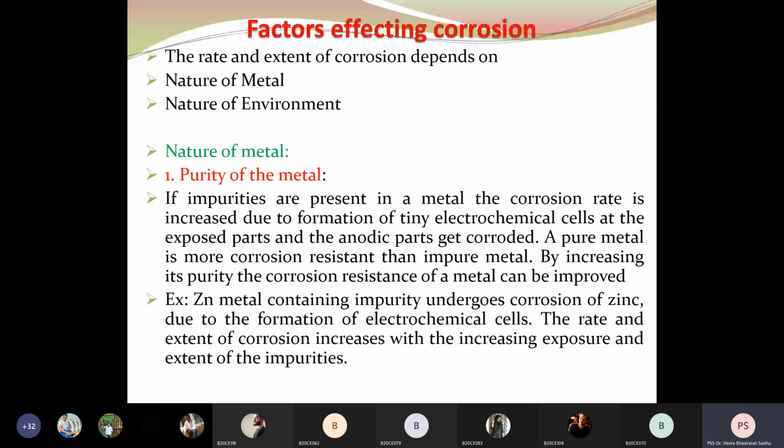For example, zinc metal containing impurities undergoes corrosion due to the formation of electrochemical cells, and the rate and extent of corrosion increase with the exposure and extent of the impurities. The impurities and the pure metal form electrochemical cells, and there will be more corrosion.